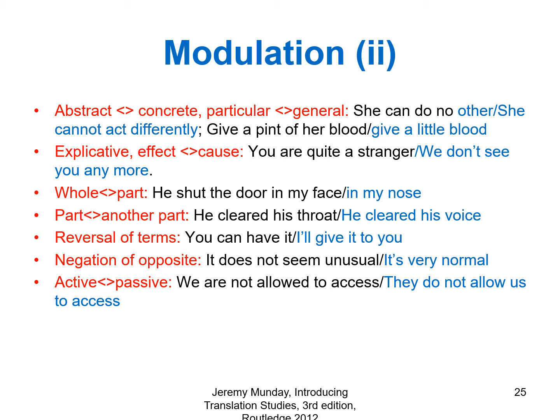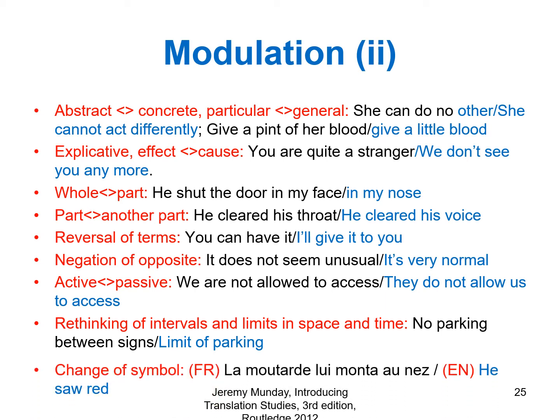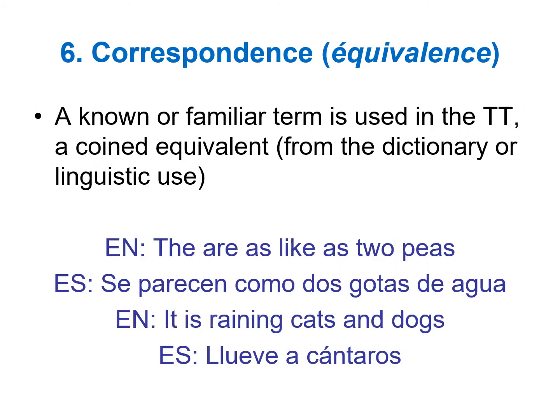But as I say, it's very normal within a freer approach to translation, in which we take a few liberties. Rethinking of intervals and limits in space and time. No parking between signs. Limit of parking. So as you can see, we have several changes that can become creative changes in point of view, and Vinay and Darbelnet call these modulations.